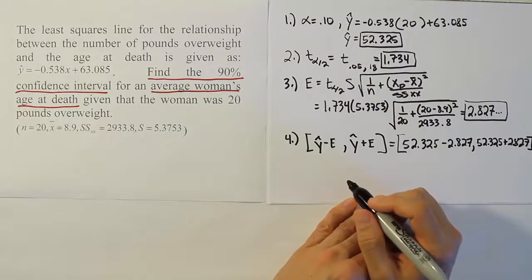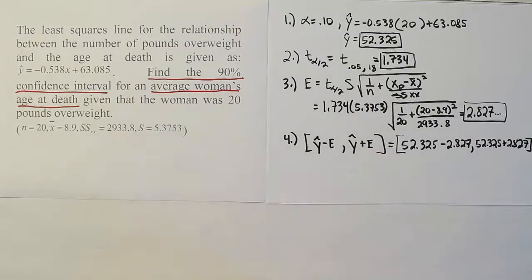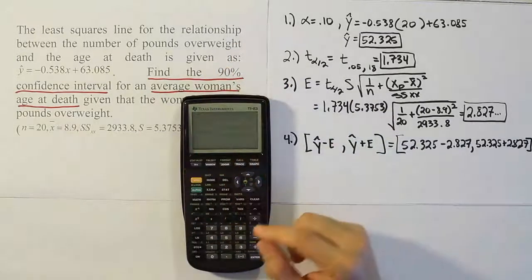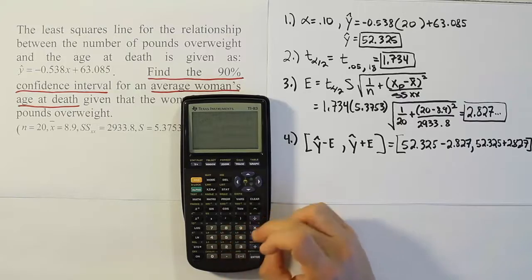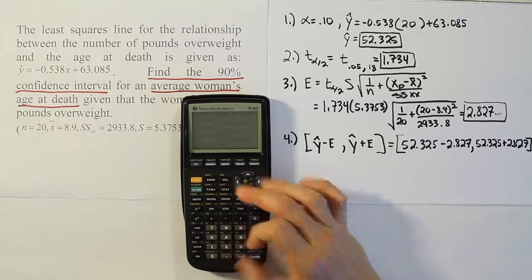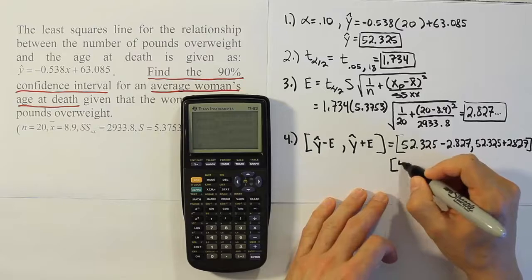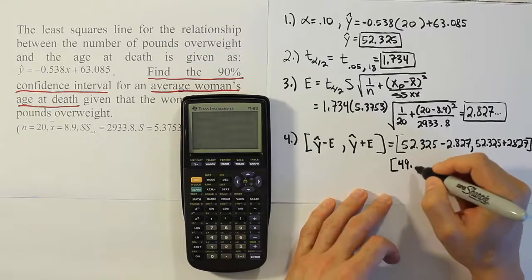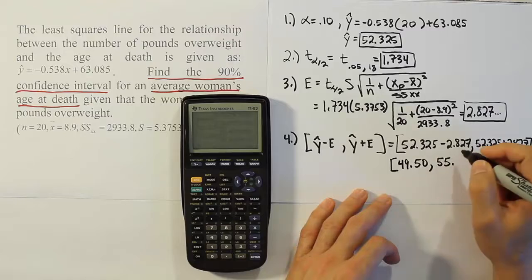We enter that into our calculator to come up with our final interval. So we have 52.325 years minus the error, and the same thing plus the error. Our final solution works out to be 49.50, let's say, up to 55.15.